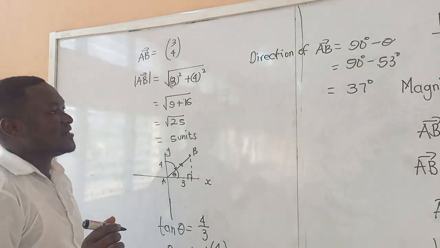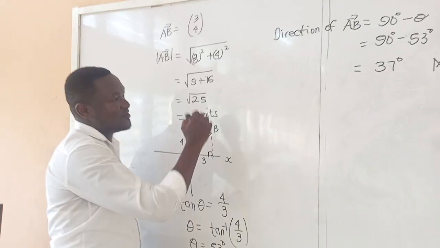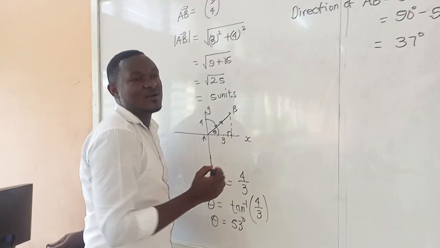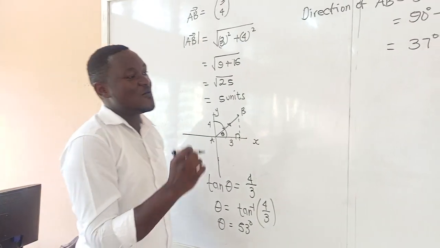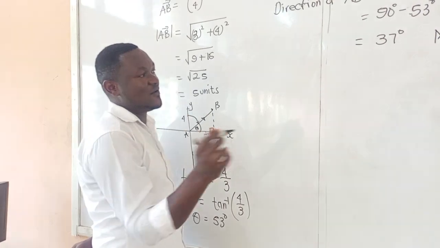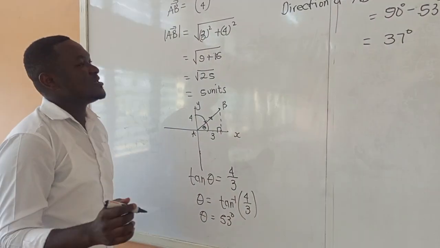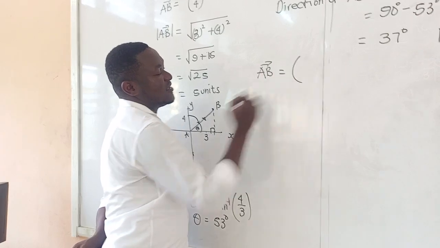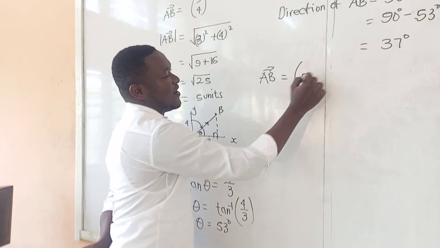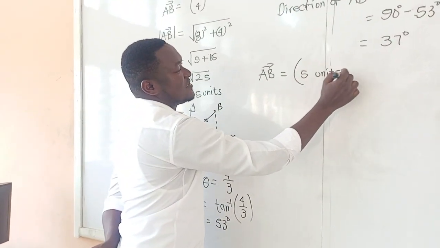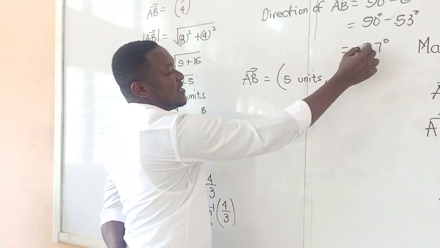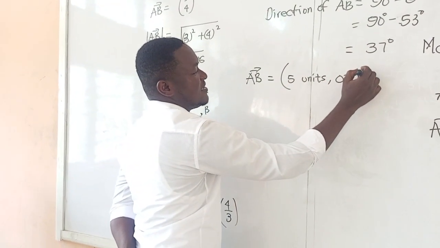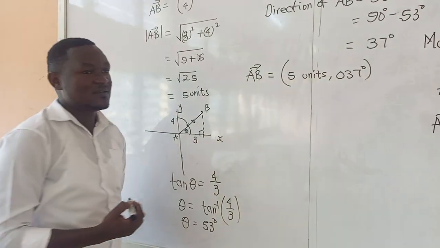So now that we are done with calculating the magnitude and then the angle, we are going to write it in the magnitude-bearing form. So vector AB will now be equal to the magnitude 5 units, comma, and then the direction 37 degrees.